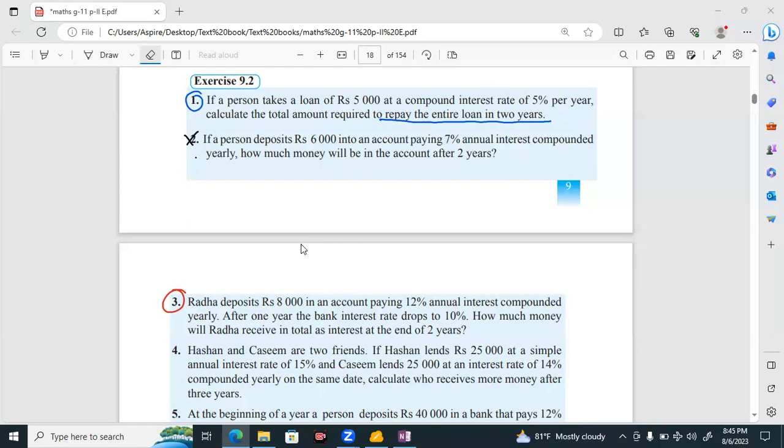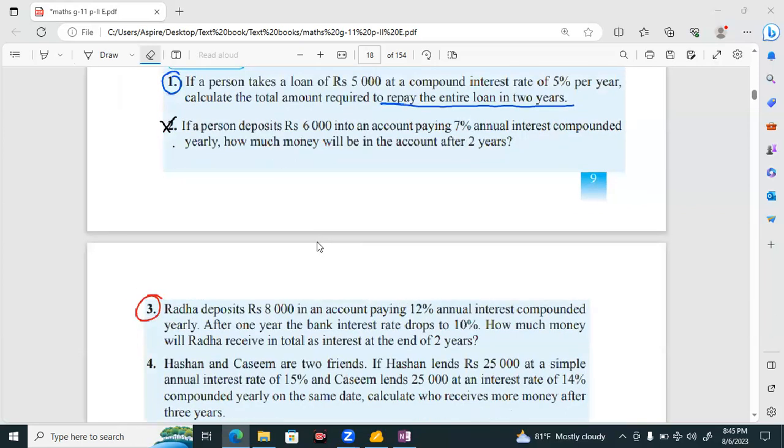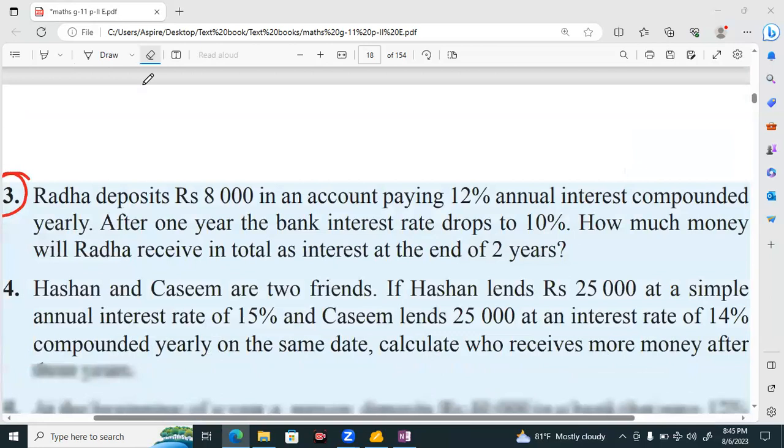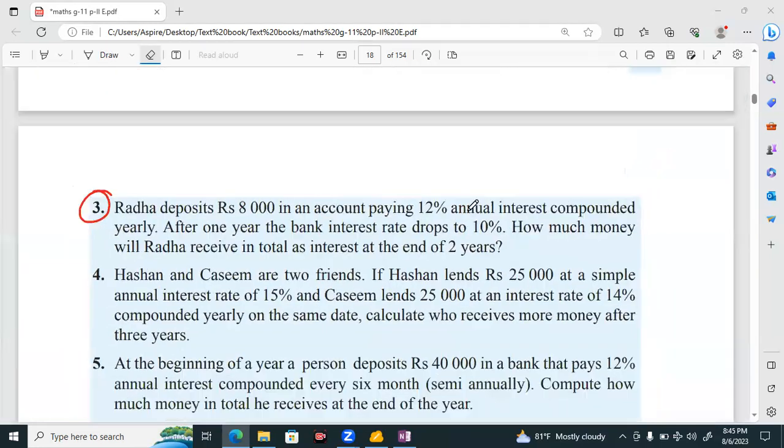Yes, how do we write the calculation? Look at what is given. Radha deposited 8,000 rupees in an account paying 12% annual interest compounded yearly. After 1 year, the bank interest rate drops to 10%. How much money will Radha receive in total as interest at the end of 2 years?